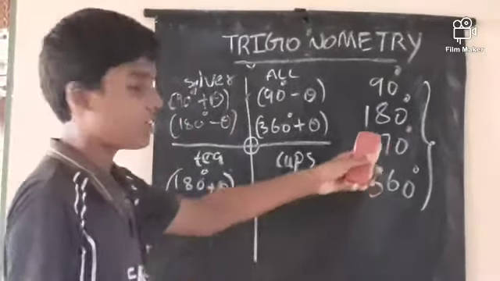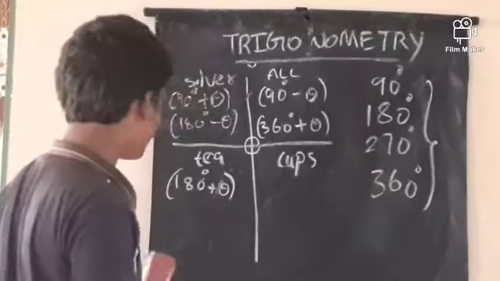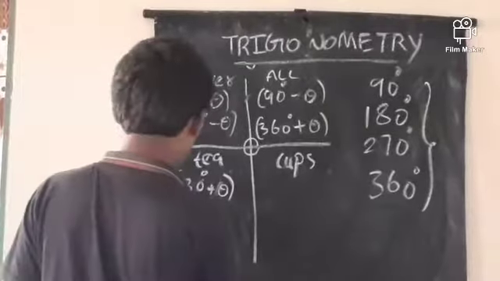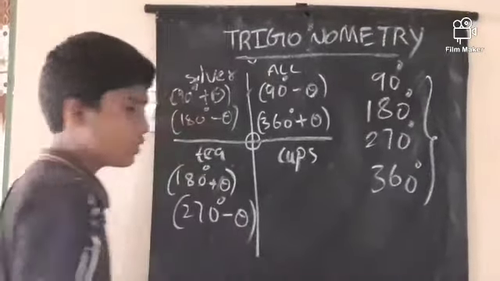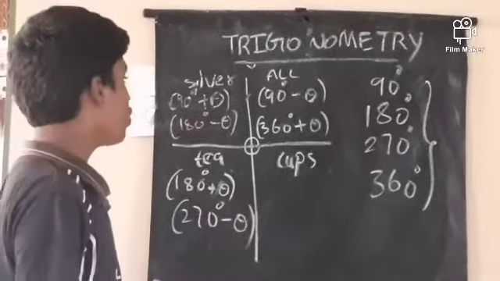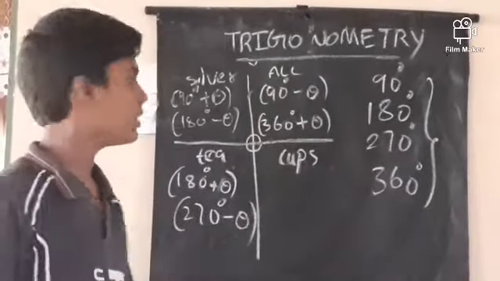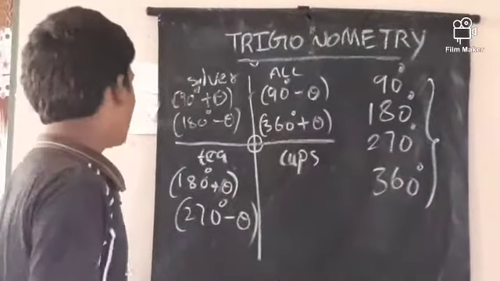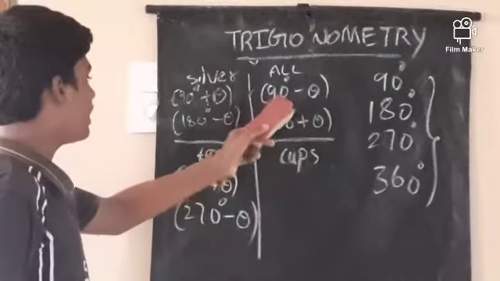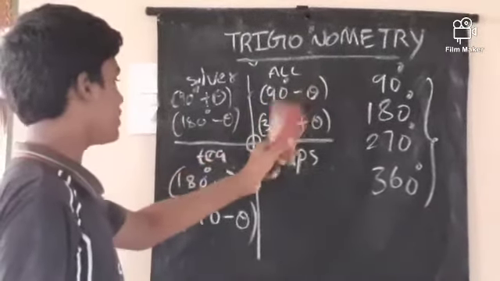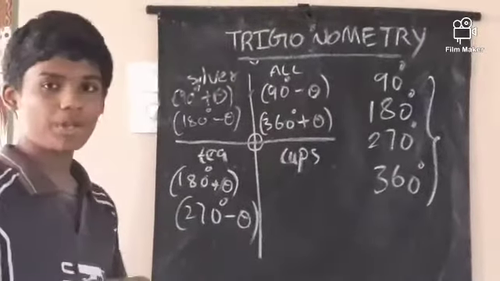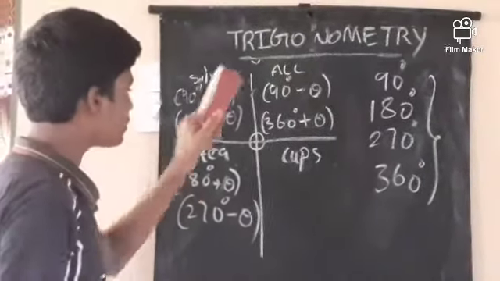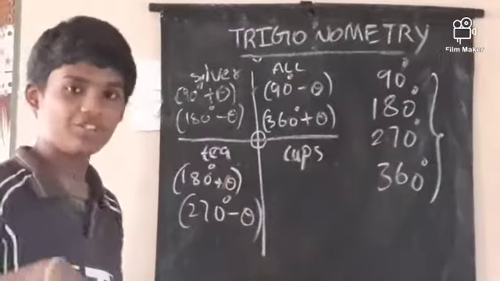And again coming to 270 degrees, 270 degrees minus theta. Here you can also keep the marks. There are so many marks that you keep in trigonometry. While 90 degrees minus theta means coming to the second quadrant it will be plus, and 180 degrees minus means coming to the third it will be plus.